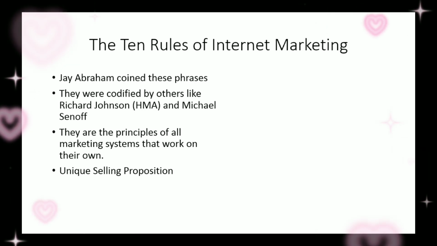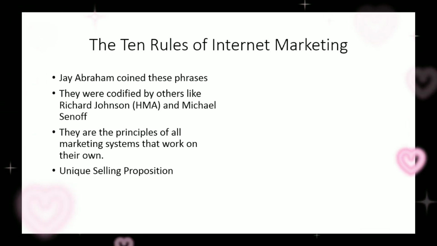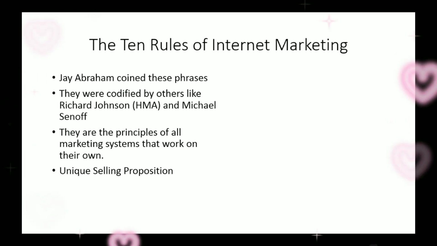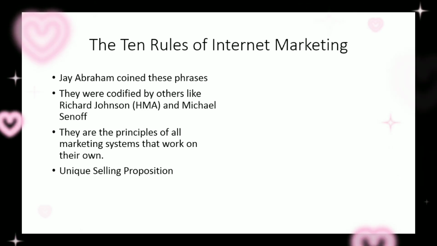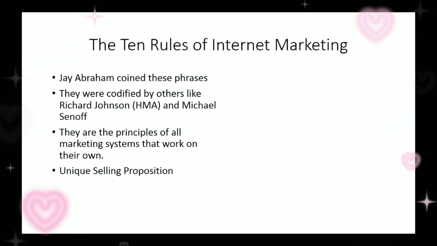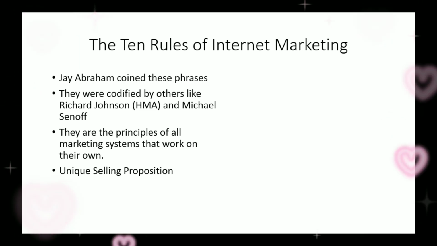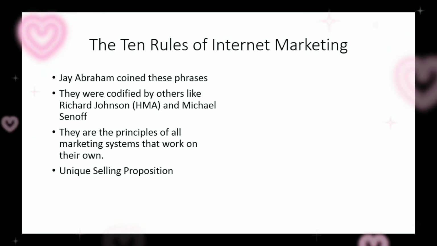It should also be something that someone wants. So your USP doesn't matter if it's something that's unique, but no one wants what is unique. You need to have something that's unique to the marketplace, that they can't get anyplace else, and it should be something that people actually care about, something that people want. That's what unique selling proposition is.